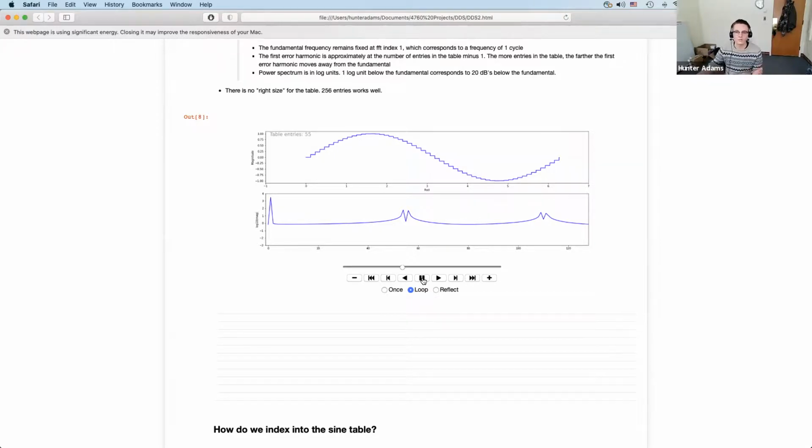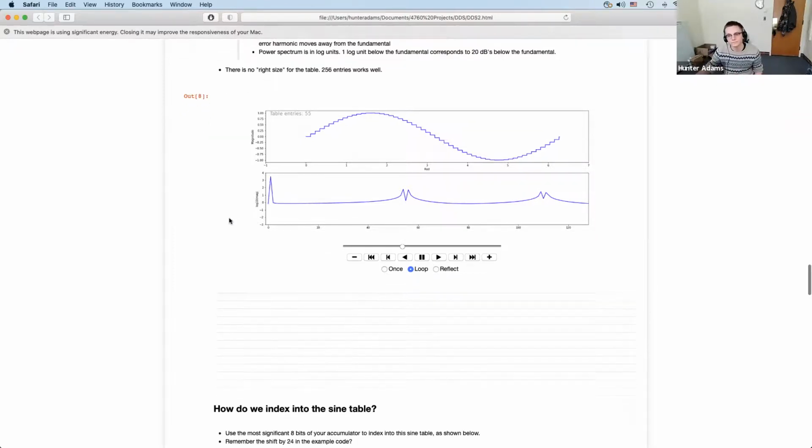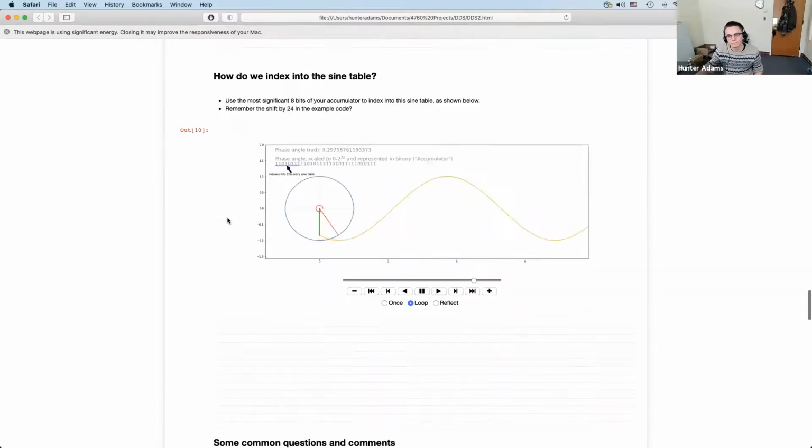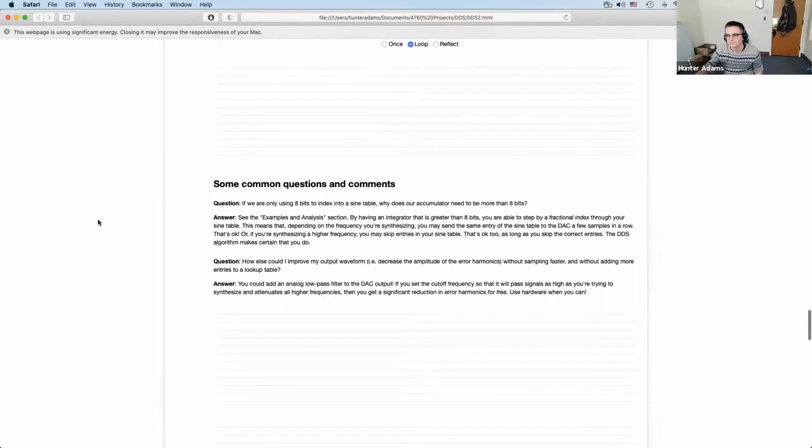You decide where the cutoff frequency is, but you would put it somewhere after the fundamental and somewhere before the first harmonic. And you would attenuate this quite substantially, basically for free, for the cost of a little bit of extra hardware. Use hardware when you can. It's helpful.